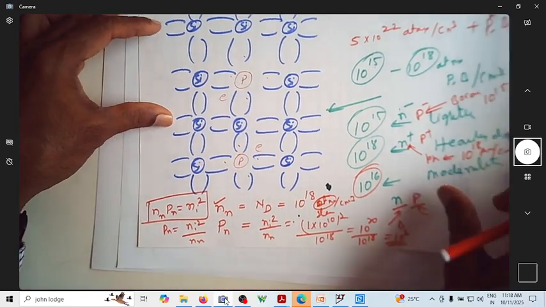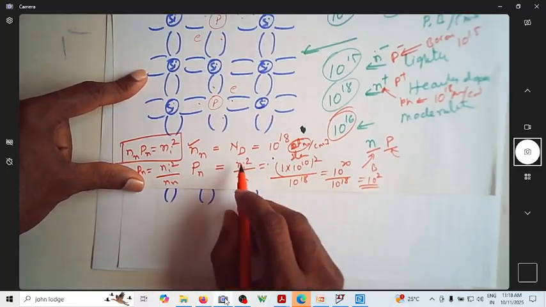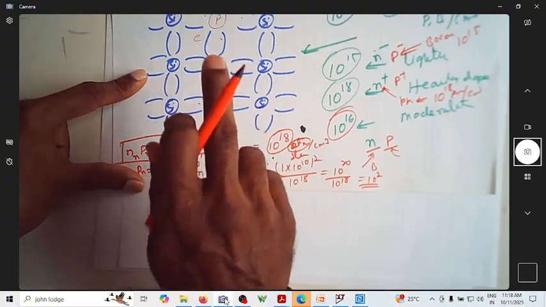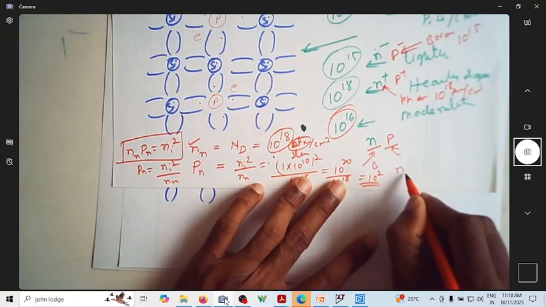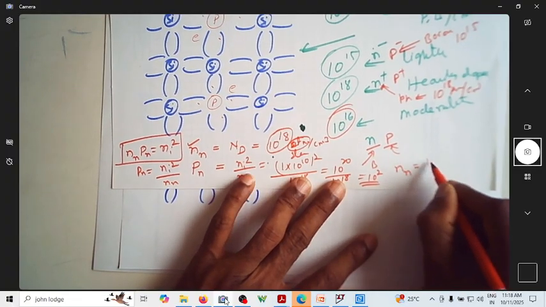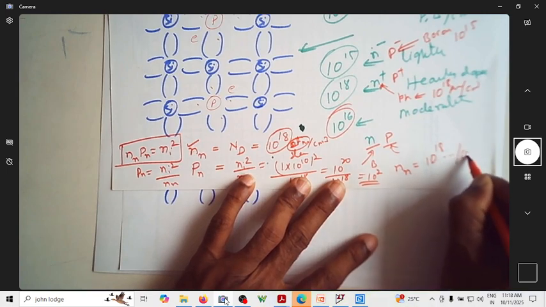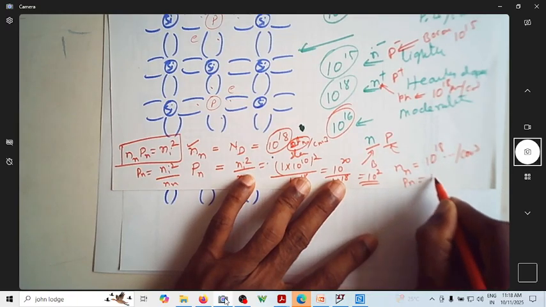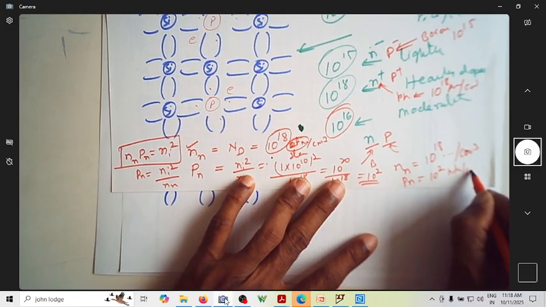What this actually means is, if you are having 10 power 18 phosphorus doped into this, the number of electrons in N type will be 10 power 18 electrons per cubic centimeter, whereas the number of holes will be 10 power 2 holes per cubic centimeter.